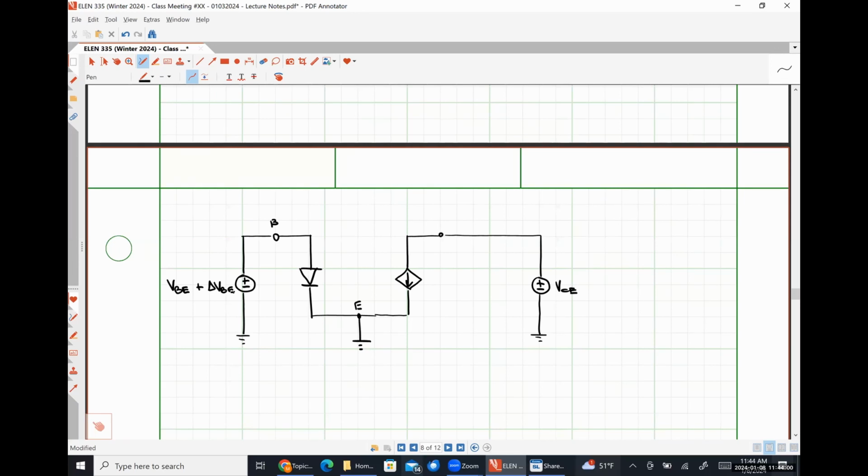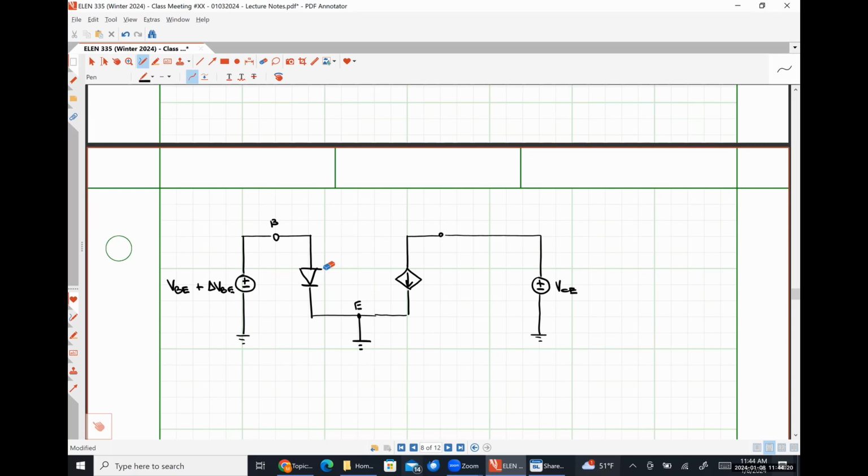So the voltage drop across our diode is what controls the value of our dependent source current there, right?